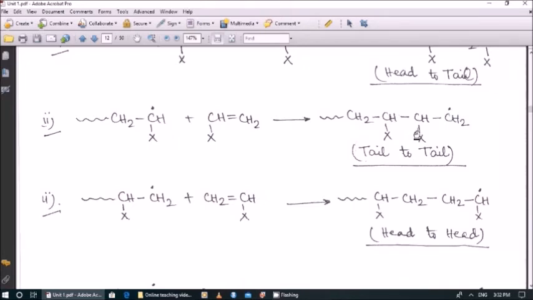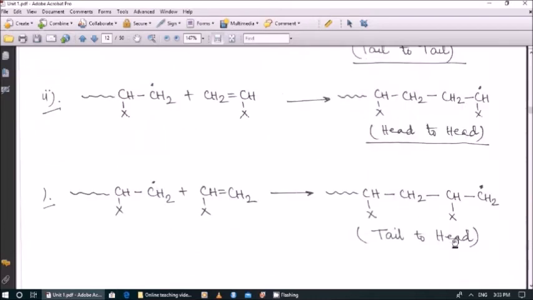So this kind of structure is a tail to tail type of structure. The third possibility is a head to head type of structure. This is the head of my growing polymer chain and this is the head of my incoming monomer, and both can react to form a head to head type of polymer.